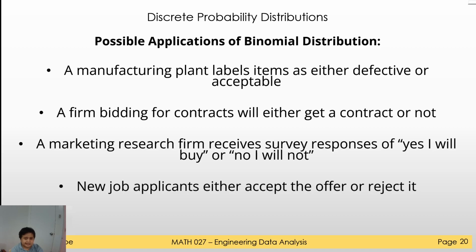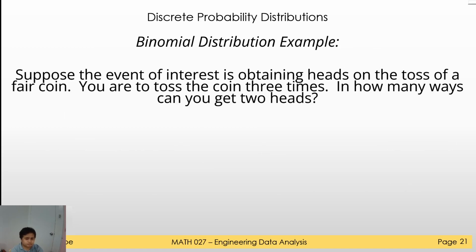And as employers, we want to know the probability that the job applicant will accept the offer or not. So usually if you have yes or no, success or fail, then you will have a binomial distribution.